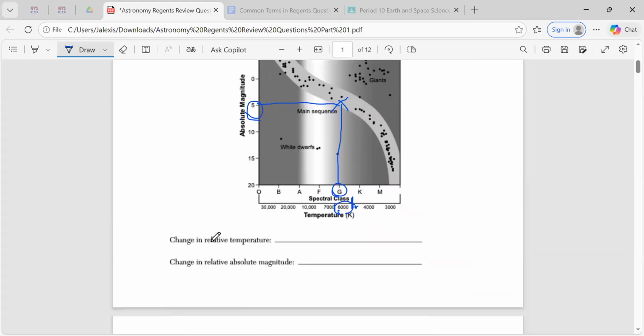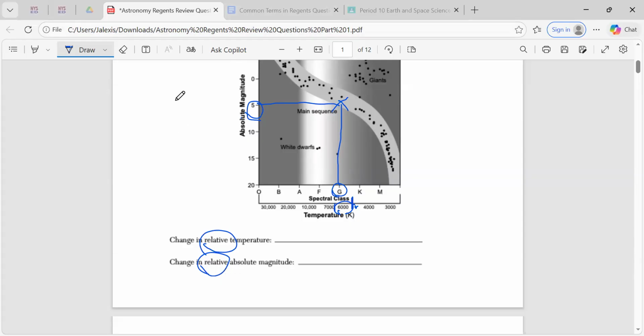Then it says change in relative temperature, change in relative absolute magnitude. When you see the word relative, we're not talking about an actual numerical value of how much the temperature has changed. We're talking about: has the temperature increased? Has it decreased? Has it become hotter? Has it become cooler? Even the relative absolute magnitude, I'm not putting an actual number.